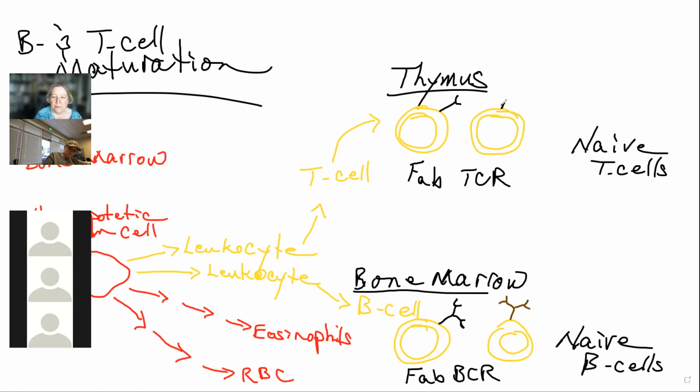Actually, there's more than one T cell receptor, but we're going to focus on just one. So these are just two examples of T cells that have gone off to college in the thymus, and T cells or B cells that are staying and being matured in the bone marrow. So there are a couple of questions, like I said, that each T cell, well, let's start with B cells because it's simpler.